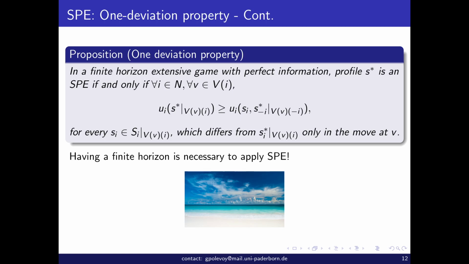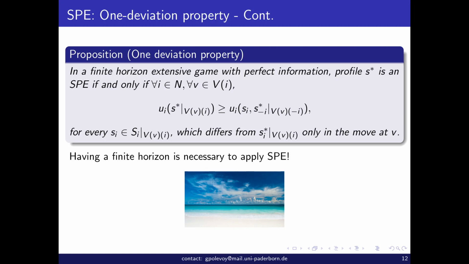As long as such a deviation does not exist, that's enough to claim that there is no deviation in general. And it's necessary to have a finite horizon to apply this.